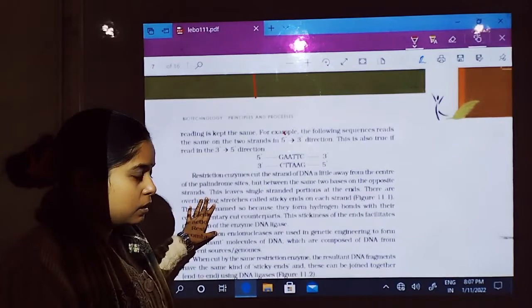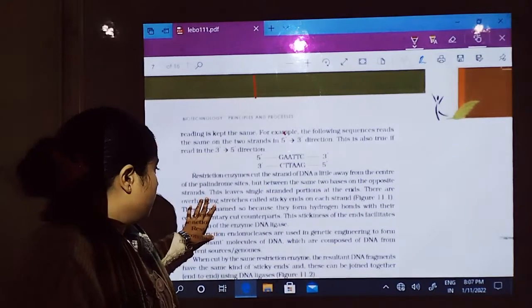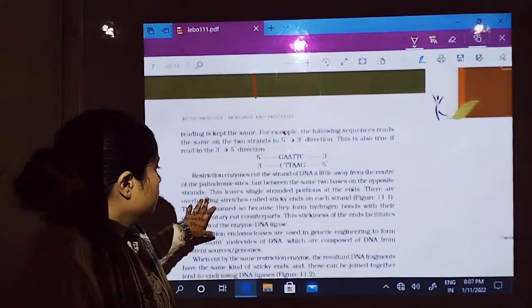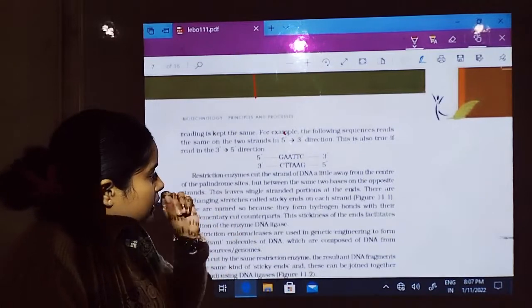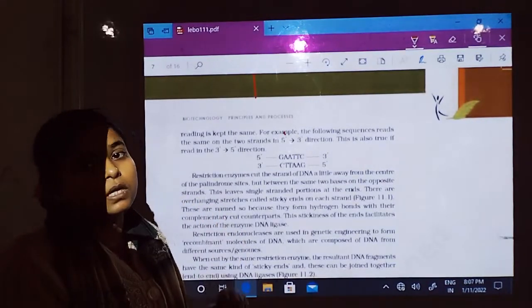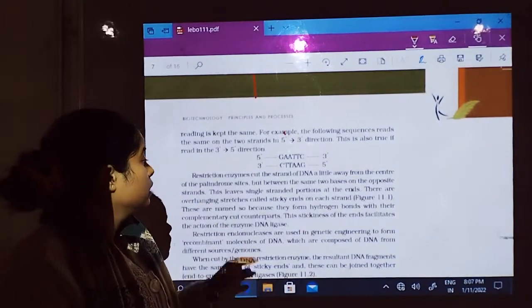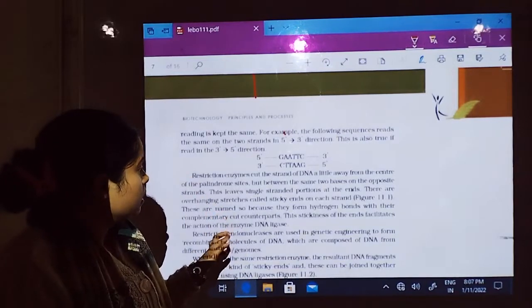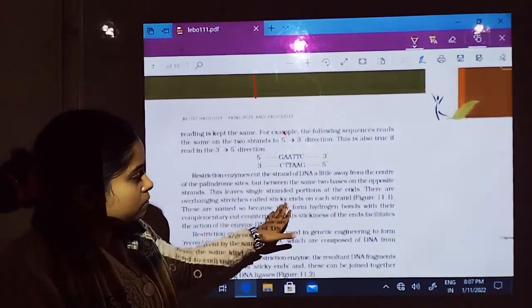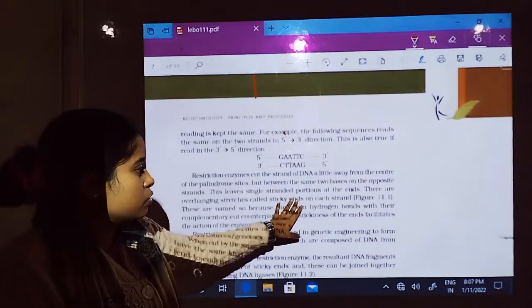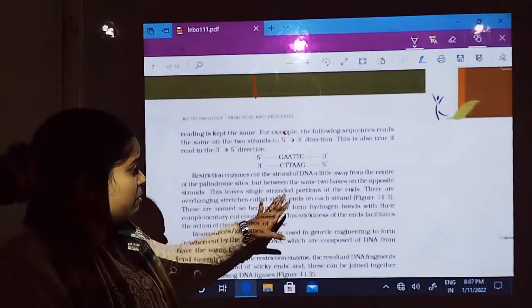That means they cut the DNA strands in between the two bases of the same position on the opposite strands.